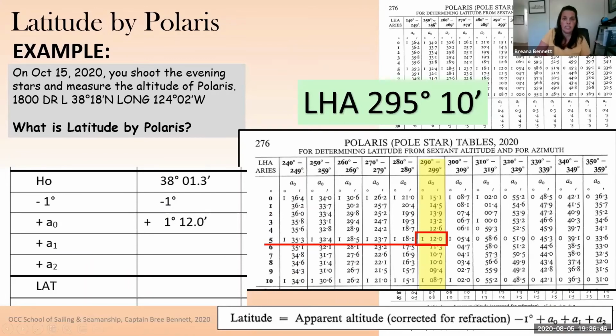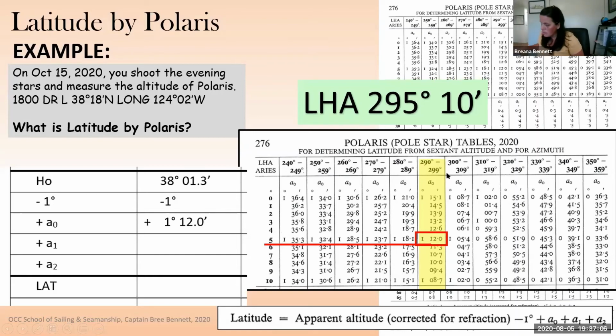This is what I wanted to see. Okay, so we had an LHA of 295, 10 minutes. So for LHA, we have to find the section where we would see 295. So we're at 290 to 299.